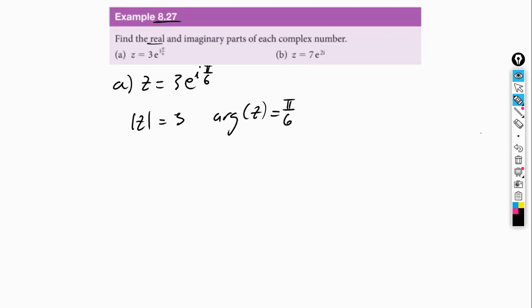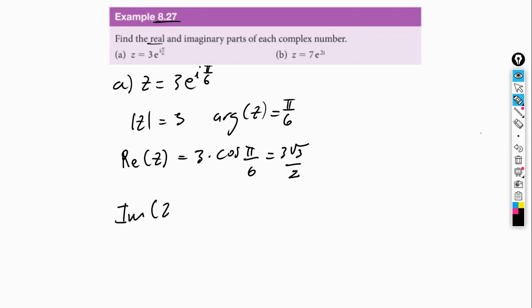Now, this means that the real part of z is simply going to be 3 times the cosine of pi over 6. And this is 3 square root of 3 over 2. And the imaginary part of z is simply going to be 3 times the sine of pi over 6. And this is going to equal 3 halves.